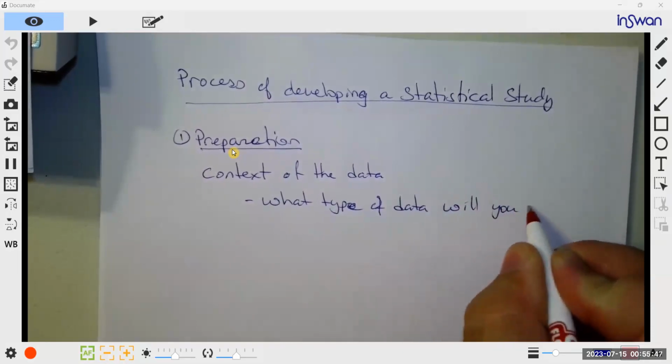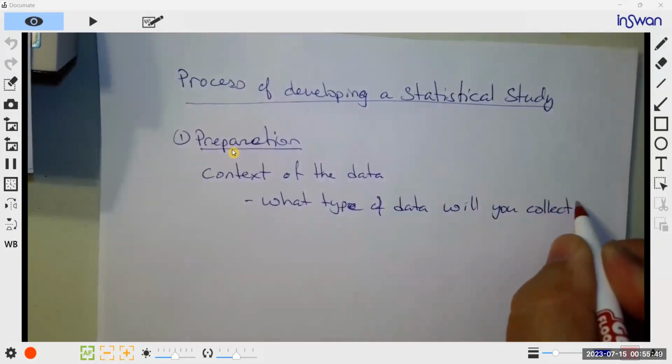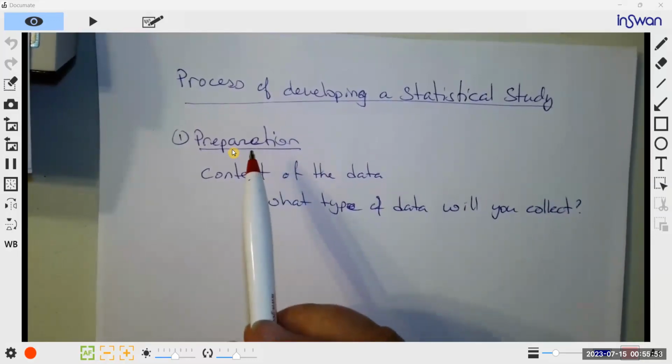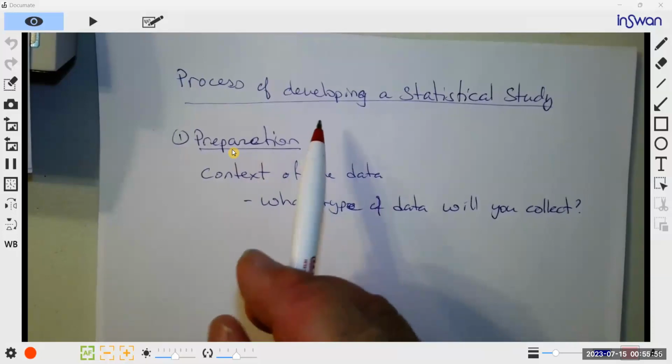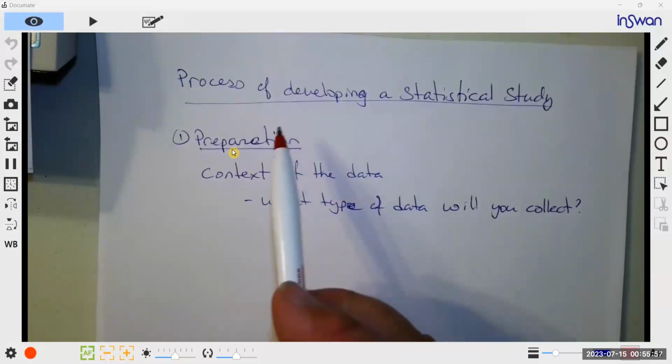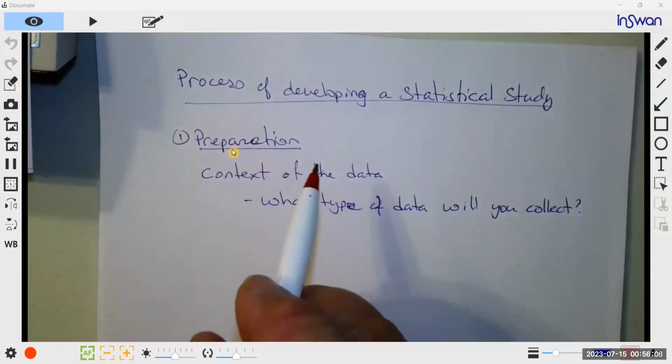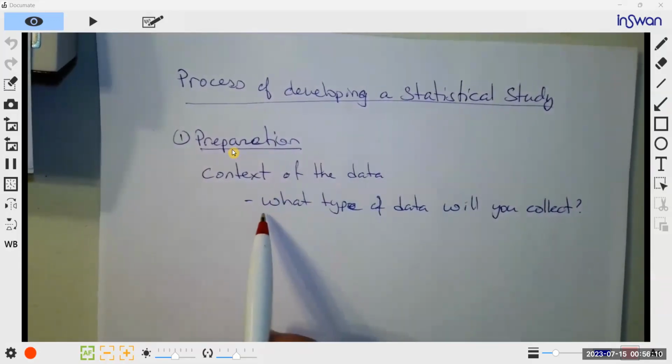Because remember, when you're preparing a statistical study, that means you had the first part done already. You had your observation, you noticed something, and you had your research question, your hypothesis. So now to find the solution to that hypothesis, what kind of data do you need to collect to answer your question?